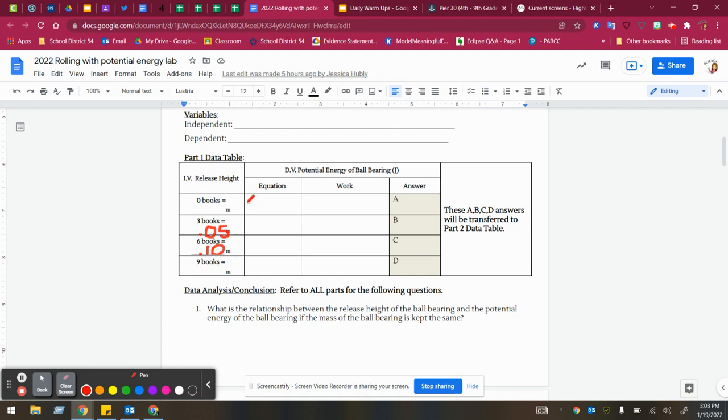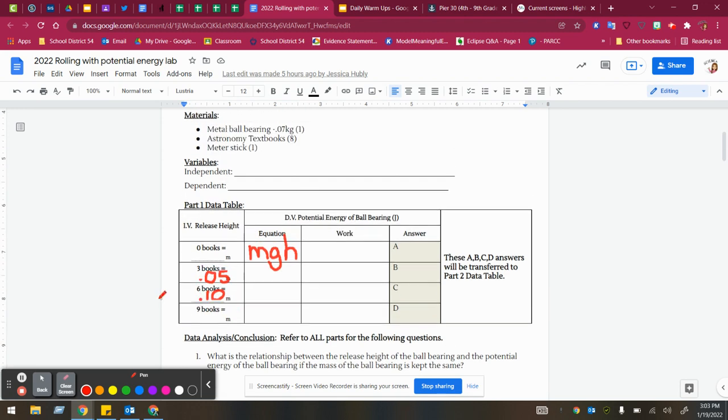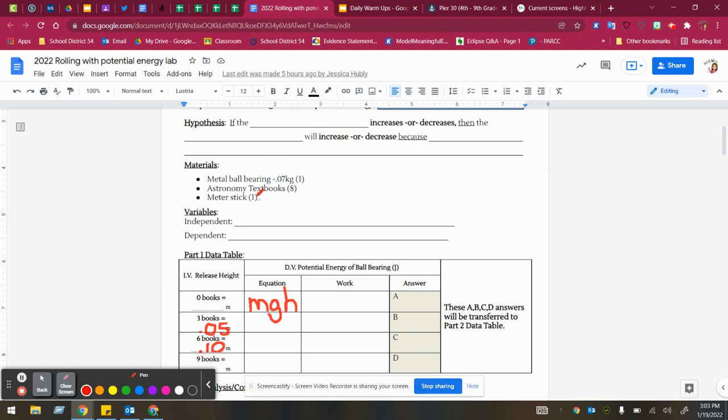For your equation, it is the same for all 4 boxes. We wrote it up above. M, G, H, which stands for your mass times your gravity times your height. The mass of this experiment is the metal ball bearing. For the metal ball bearing, the mass is located here, 0.07 kilograms.